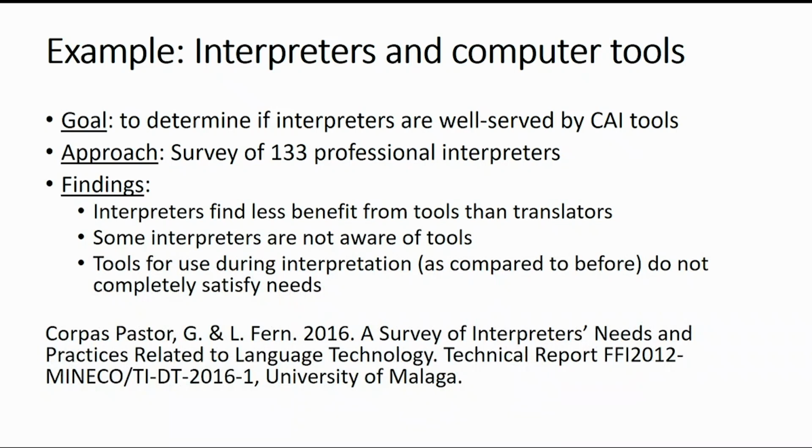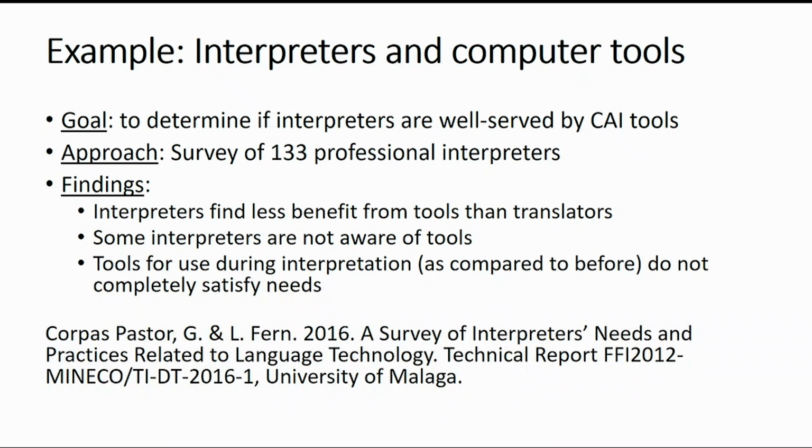So an example of a participant-oriented study was a survey of interpreters and computer tools. The goal was to ask the interpreters if they felt they were being well served by computer-assisted interpreting tools.